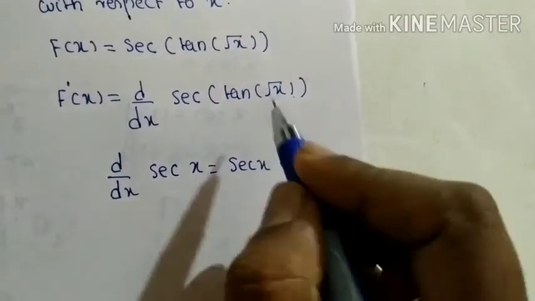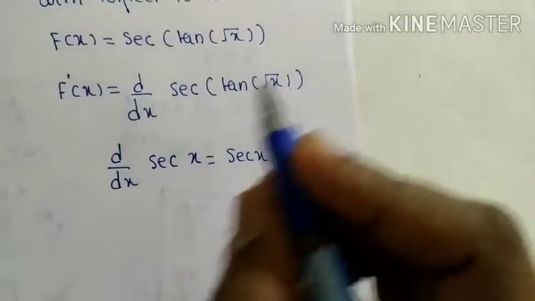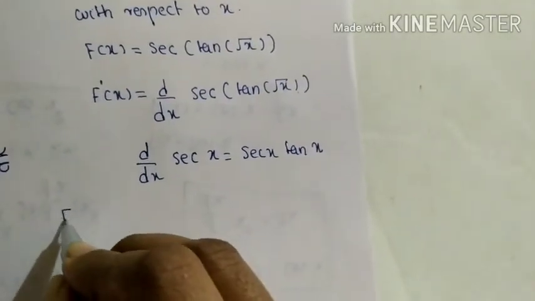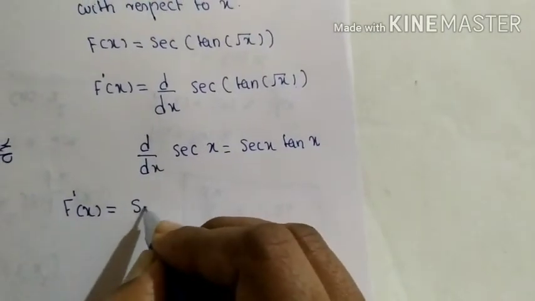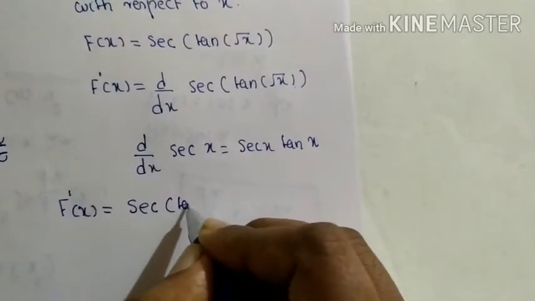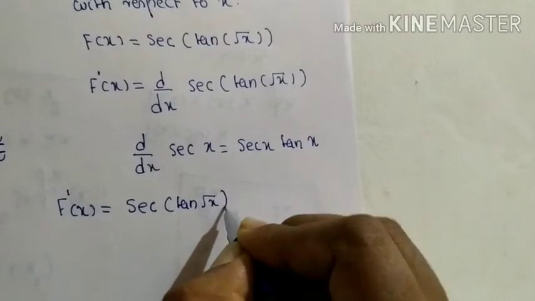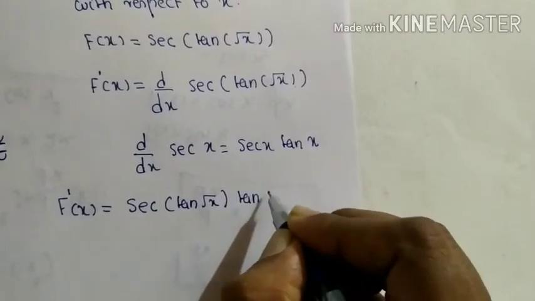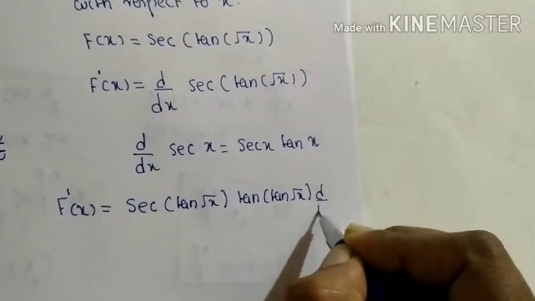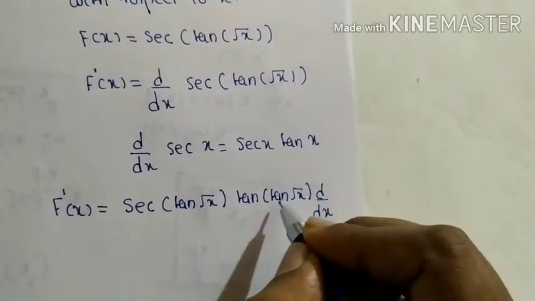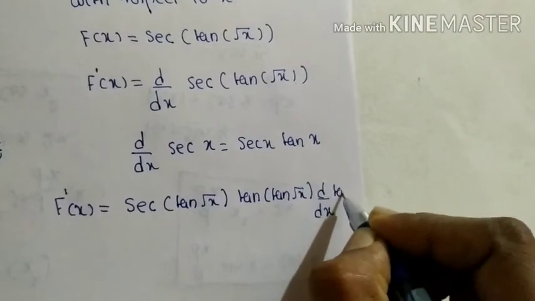Here x is replaced by tan root x. Don't forget to write x is replaced by tan root x. Okay. So our derivative of sec of tan of root x will be sec of tan root x, tan of tan root x into next function is tan root x.